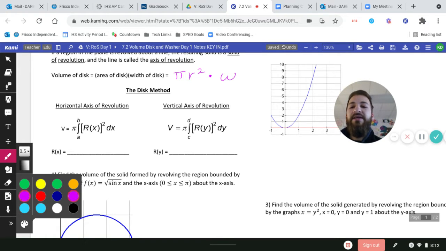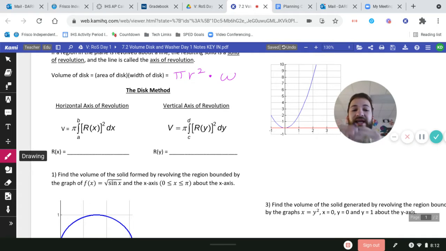The disk method is one of our two methods of finding the volume of revolution solids we're going to talk about today. Disk method comes from where it's a connected disk, so the circle doesn't have any holes or any weirdness in it. And it came from the same idea of pi r squared, so the area of a circle equation, and then times the width. So for our horizontal axis of revolution, it's r of x, vertical axis of revolution, r of y.